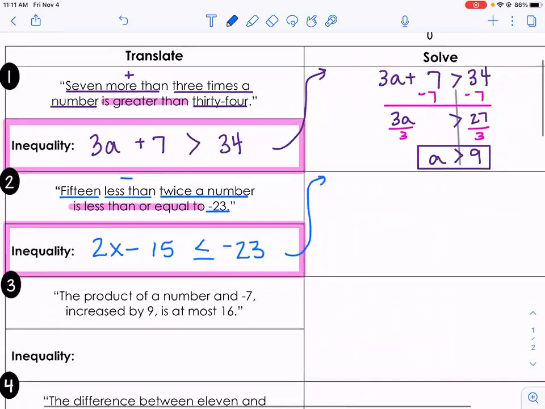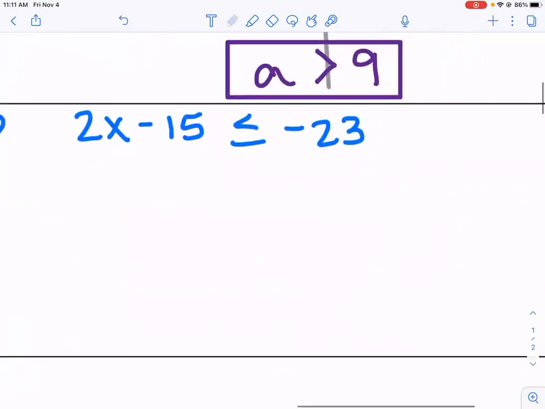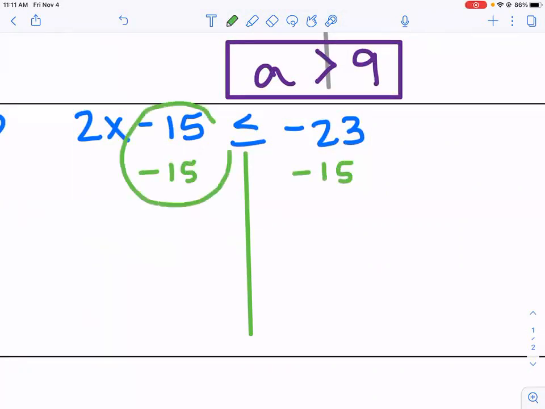So now let's take it over here. 2x minus 15 less than or equal to negative 23. Cordell, what do we do first? I'm going to minus 15 from both sides? So minus 15 is going to cancel? Negative 15 minus 15. There we go. We need to add.